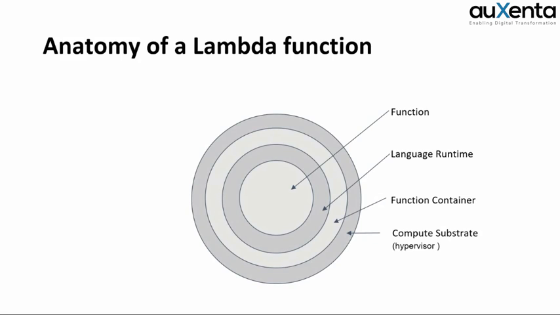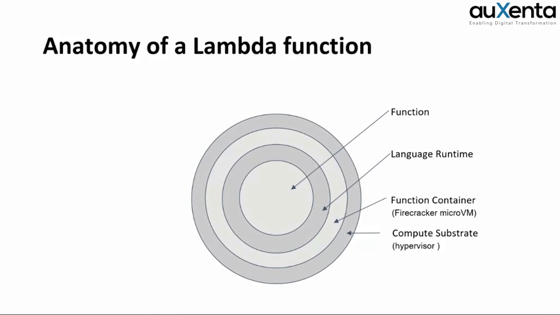It's the hypervisor. A hypervisor is a virtual machine monitor on top of which we can create and run virtual machines. This is the infrastructure which function containers run on. That means a hypervisor can have thousands of function containers running on it. And we have the function container, which is a Firecracker micro VM.